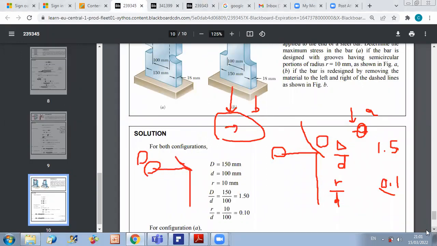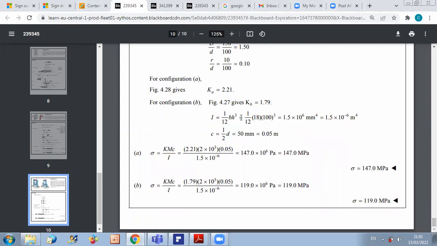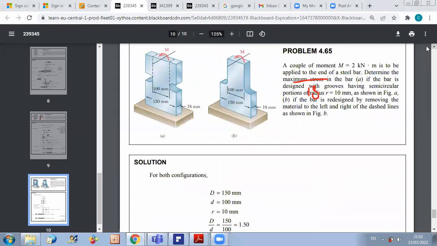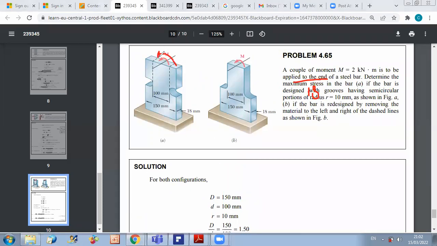So we say that, first, for inertia, for both sections, since we have the same dimensions of sections and it's a rectangular section, we said that B is 18 and H is 100, because if you look at your figure, your bending moment is along this axis.